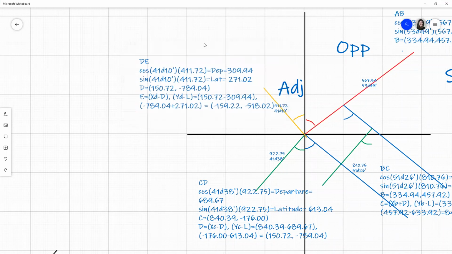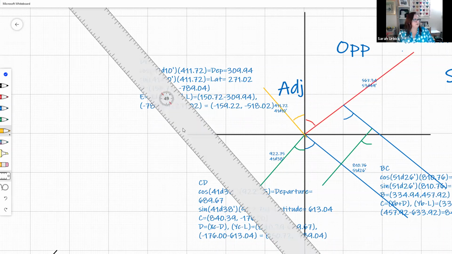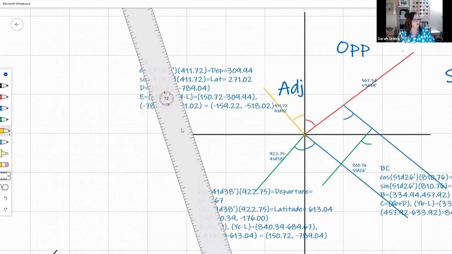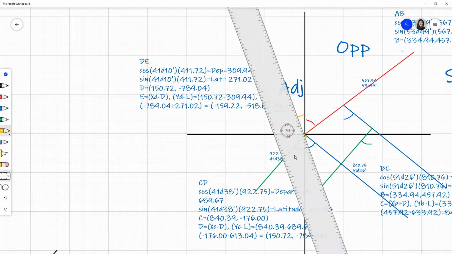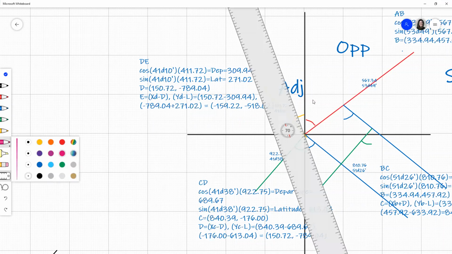All right, so our E to A was also a northwest bearing, but this was only 20 degrees off, right? So I got my ruler. That puts us at about 70. Need a new color pen. We're going to use pink.